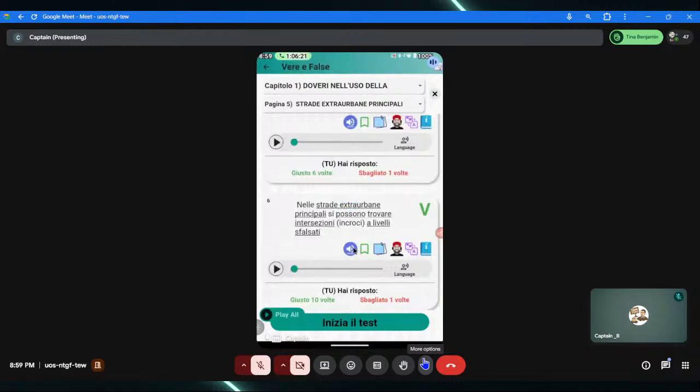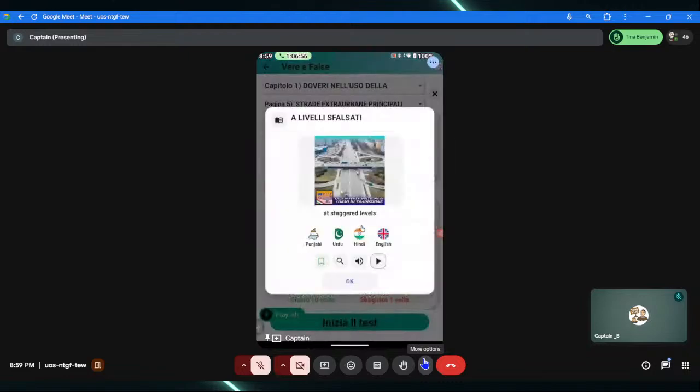Nelle strade extraurbane principali si possono trovare intersezioni, incroci, a livelli sfalsati. Listen, on this extraurbana principale you can find the intersection, also known as junction, that is raised. Let me show you what is sfalsati. Look at it here.